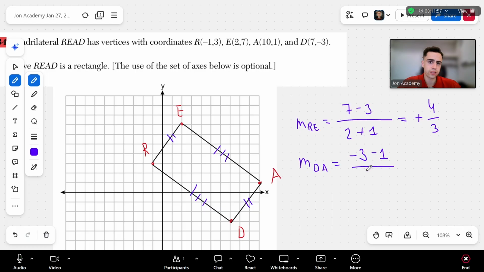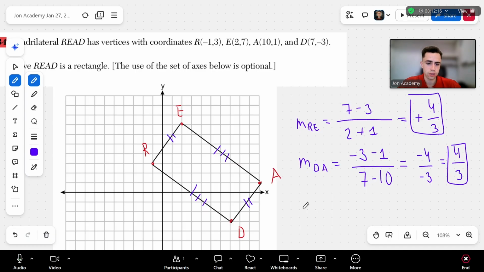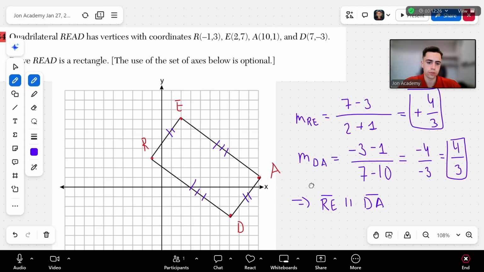Divided by 7 minus 10. And this one is going to be minus 4 over minus 3, which minus minus becomes plus, so it's the same. So with that, we already proved these two are parallel, no? Therefore, RE is parallel to DA because both have the same slope.